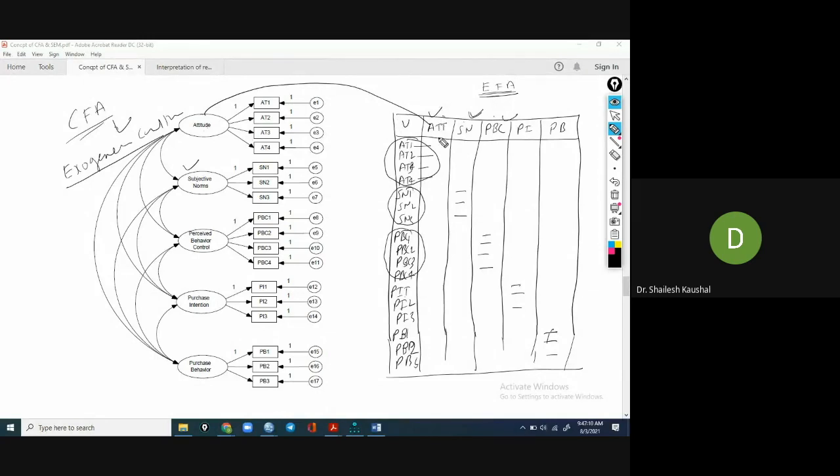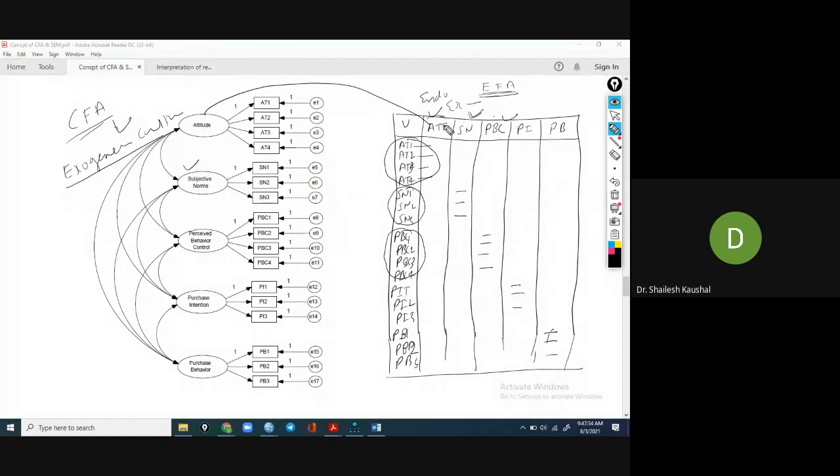After conducting the factor analysis, we find which one is endogenous and which one is exogenous, and then find the relationship between them, because EFA is an interdependence technique.